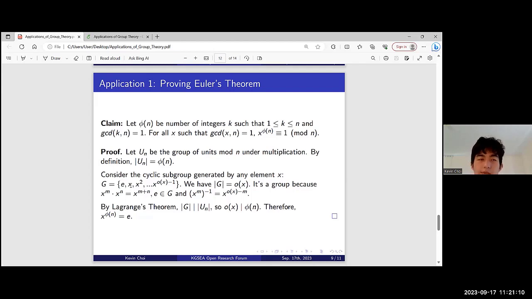So what we have here is that x to the phi(n) equals x to the power of k times order(x). If we take out the k, we have x to the power of order(x), which is equal to the identity element by definition. And then we have the identity element to the power of k equaling the identity again.